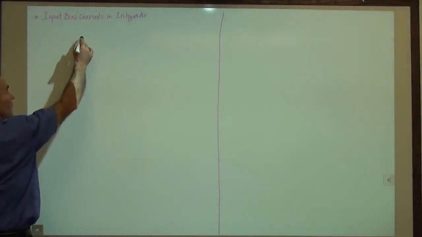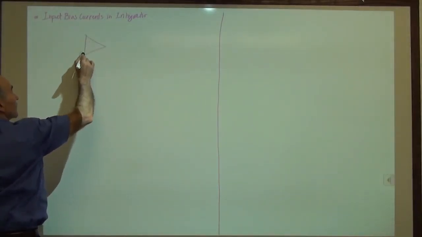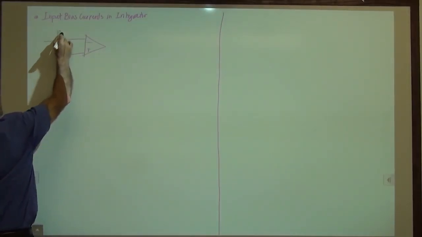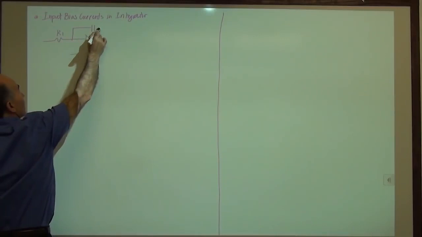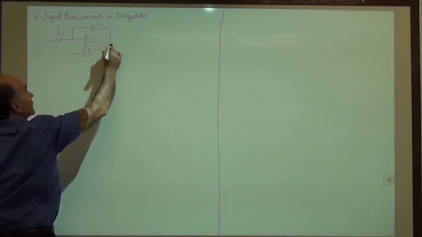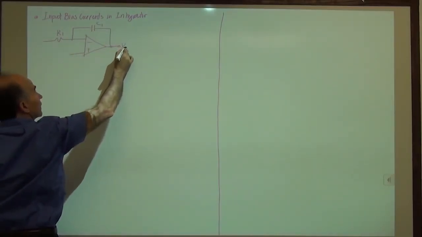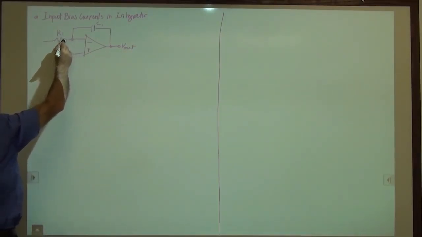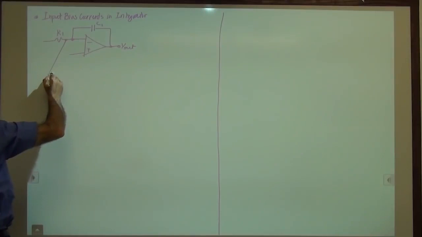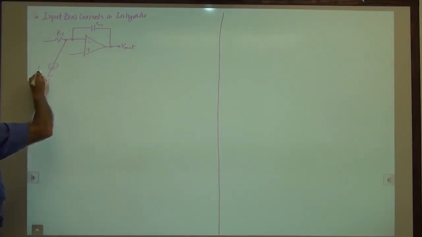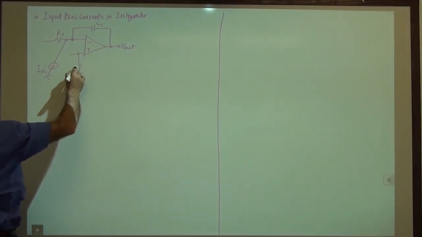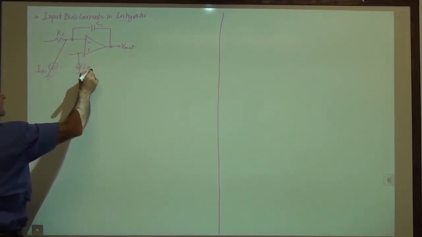Okay, so no problem. We'll draw the circuit like this. That's our integrator. We have a feedback capacitor, C1. We have V out. Then we have a bias current from here to ground, which we call IB1. Another bias current from here to ground, which we call IB2.